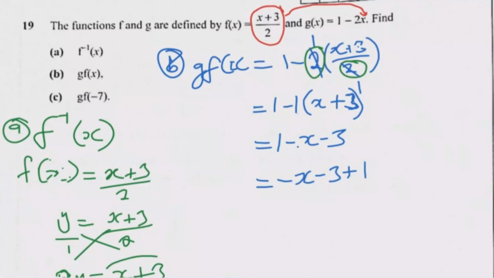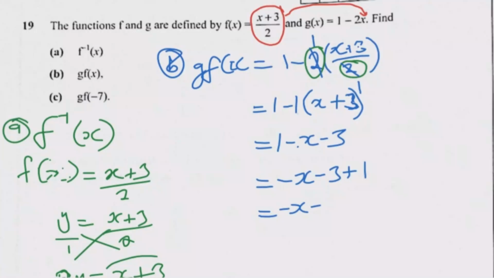We're putting like terms together, so that we can have negative x, then negative 3 plus 1. So 3 is bigger than 1 in terms of quantity. There are more negatives than positives, so we just find the difference and maintain the sign of the bigger number. The bigger number here is 3, without considering the signs.